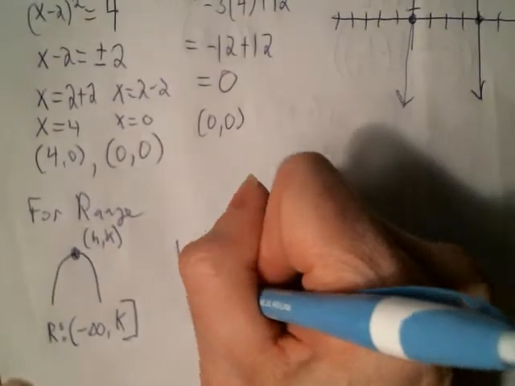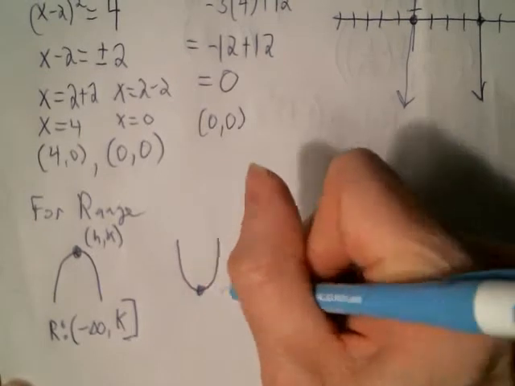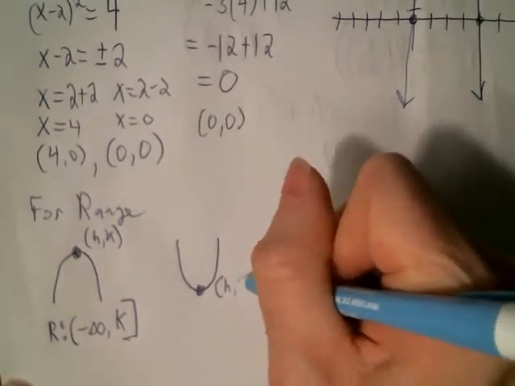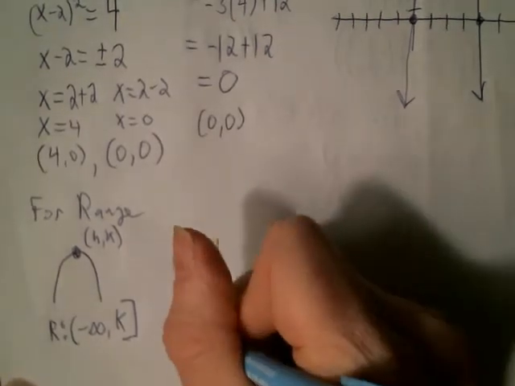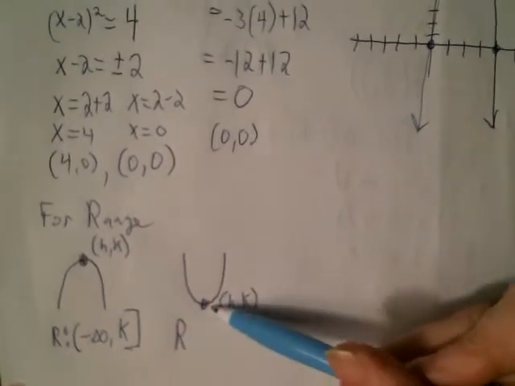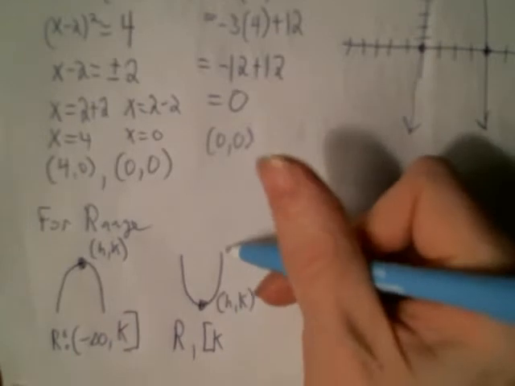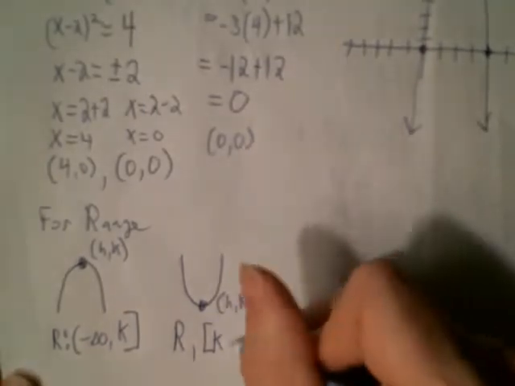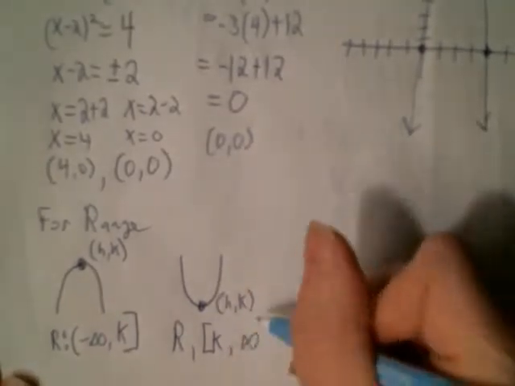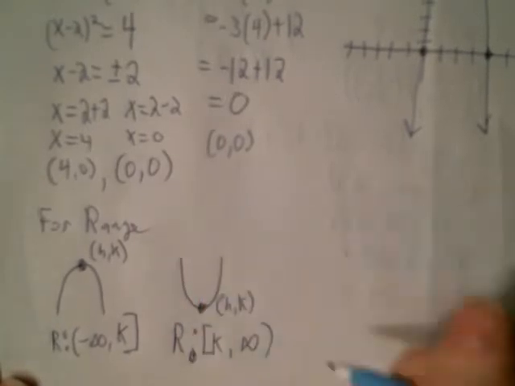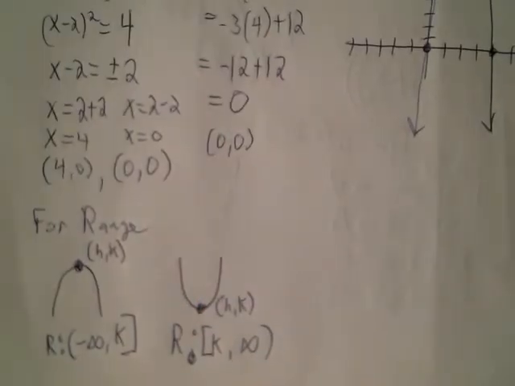When it's a happy face shape and the vertex is on the bottom, then the range goes from the bottom, which is k, and then it just keeps going up and up, so it'll go to infinity. Those are the two basic cases, and you get the k value from the vertex. It's the y coordinate of the vertex.